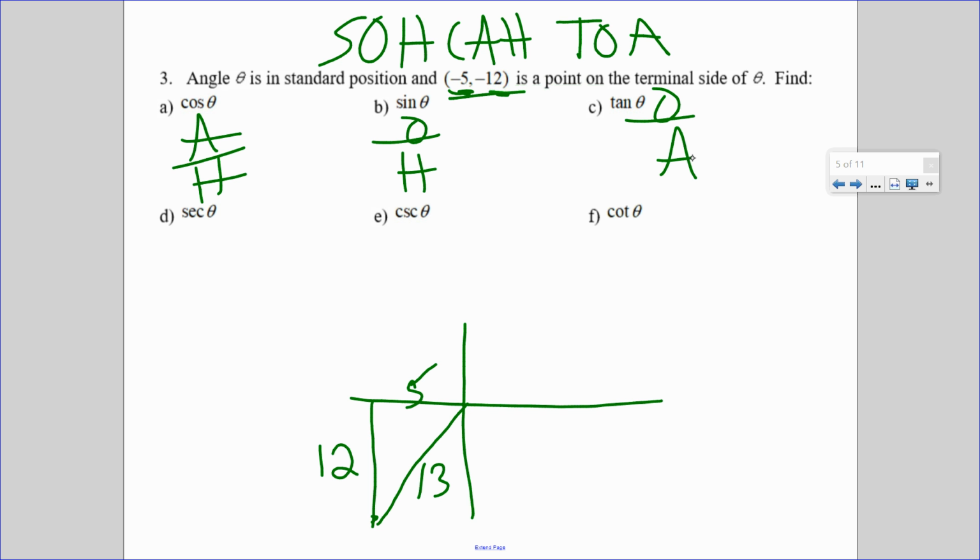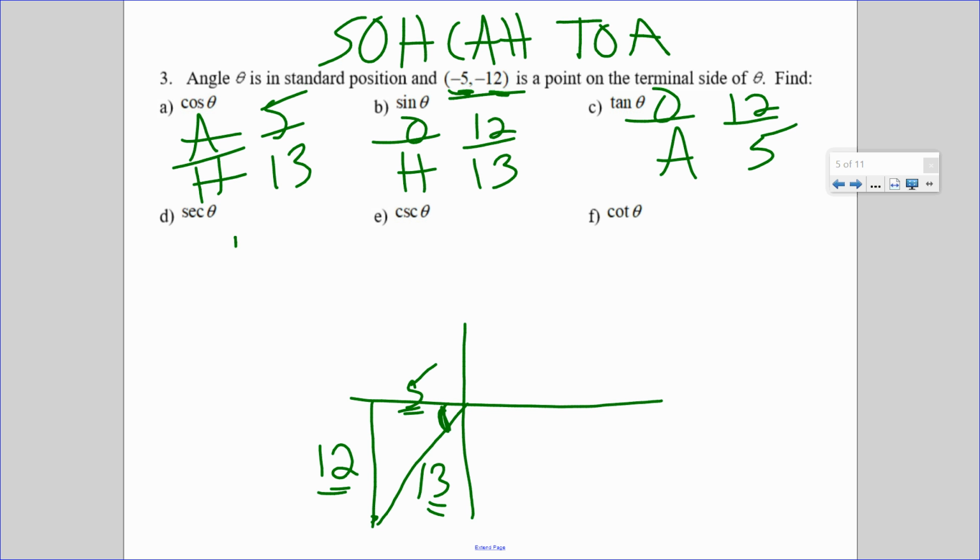Okay, let's see if you got it. Cosine is A over H. A over H is 5 over 13. Remember, this is your angle. Sine is O over H, 12 over 13. Tangent is O over A. That's 12 over 5. The reciprocals are the reciprocals.